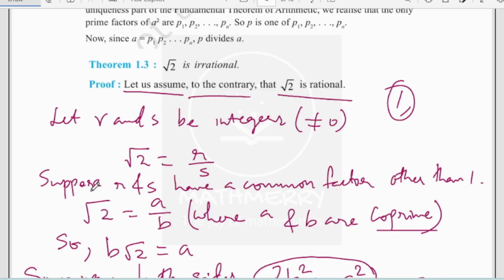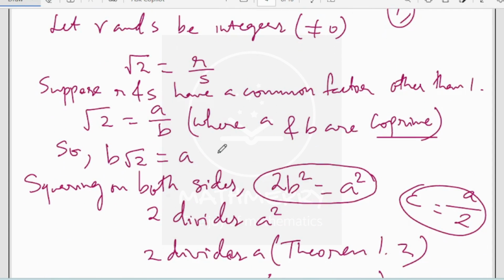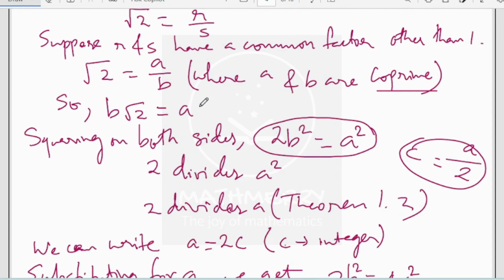But now what we are doing is we are assuming two numbers A and B which are coprime. Coprime means we only have one as the common factor. There will not be any other common factor. So then we are writing root 2 is equal to A by B, where A and B are coprime. So B root 2 is equal to A. Now we are squaring on both sides.